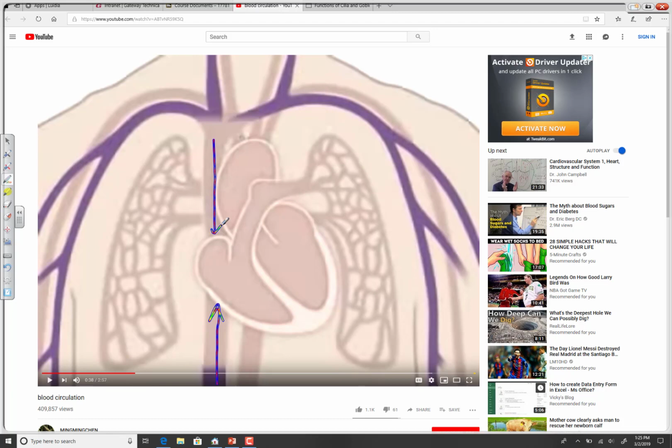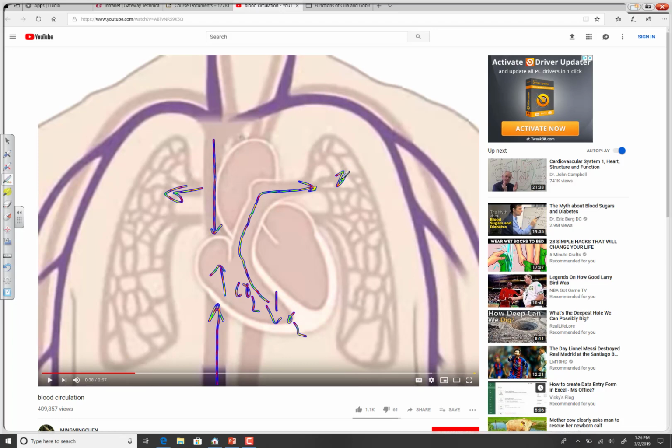And the right side of the heart is then going to take that venous blood, which by definition is high in CO2 and low in oxygen. So the right heart's going to pump that blood through the pulmonary trunk, the left and right pulmonary arteries, the pulmonary arterioles, and then finally you're going to get down to the smallest airway, the pulmonary capillary.